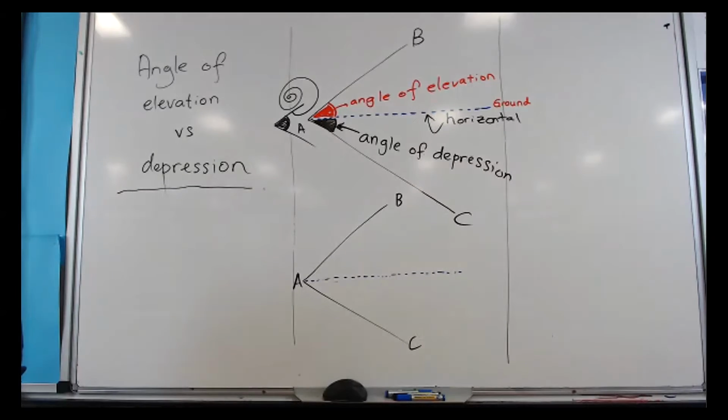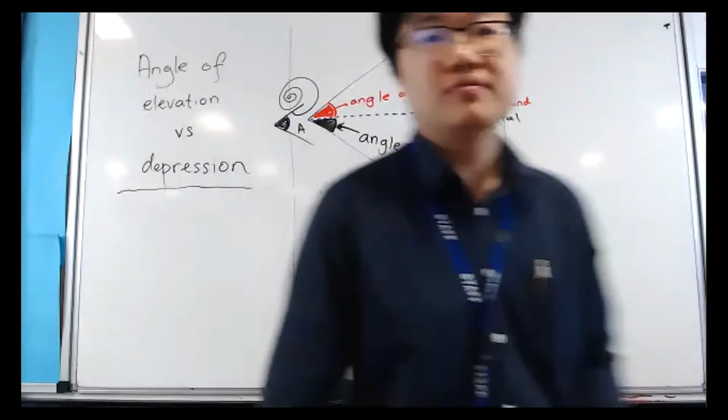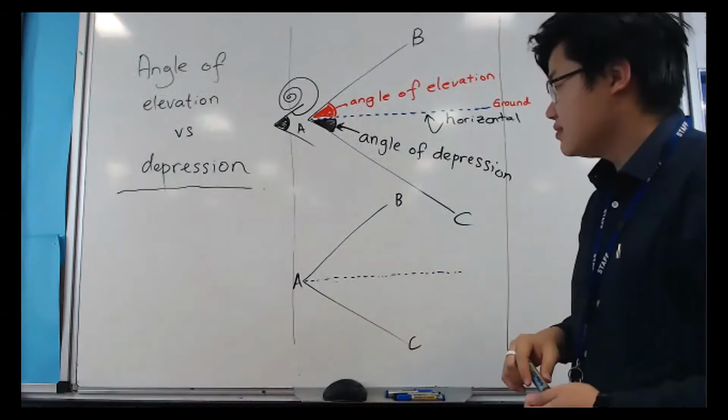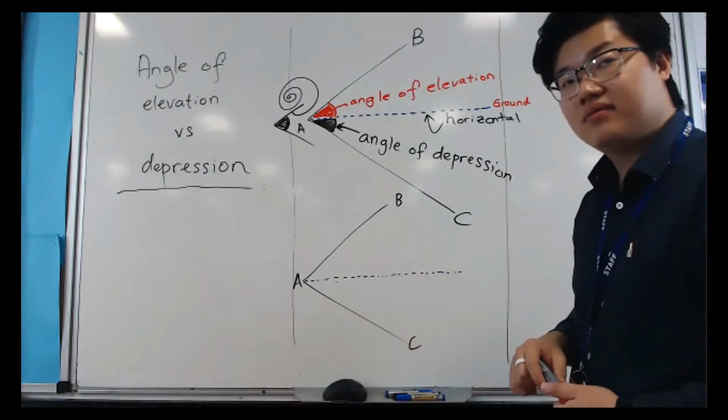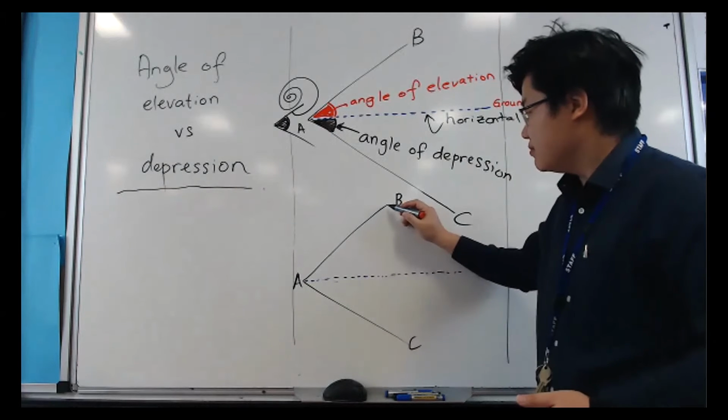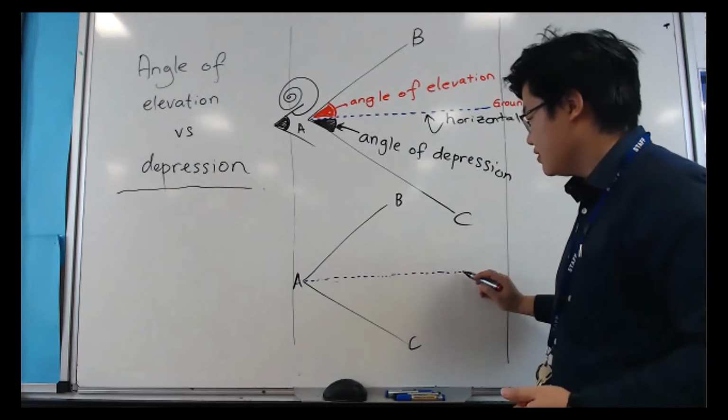Is there like an invisible line? Invisible line, that's correct. And where would the invisible line be? The horizontal line connecting to the top of B. You mean like the dot on the right side here?